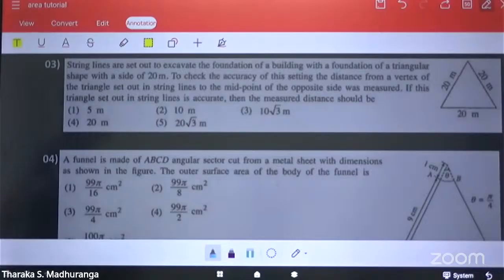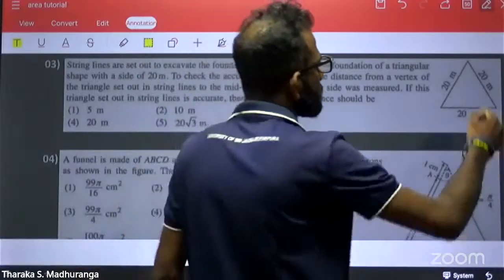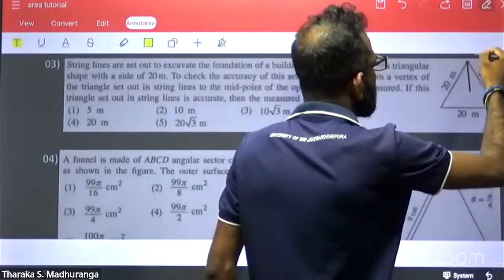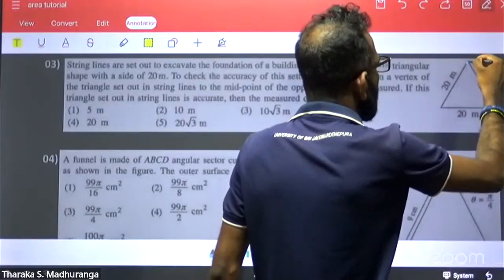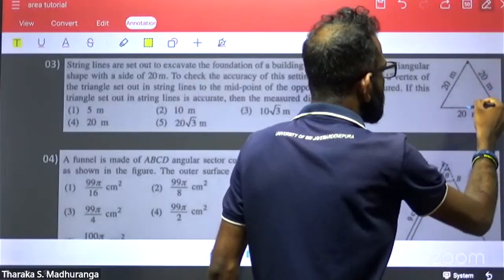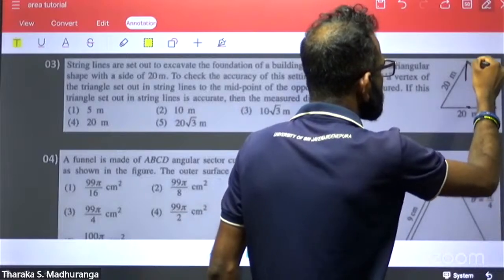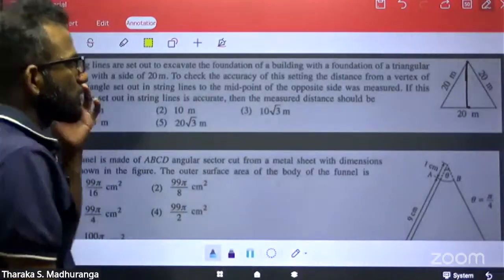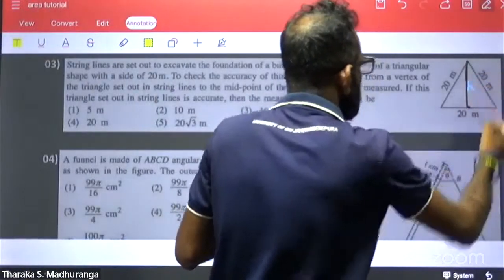To check the accuracy of this setting, the distance from the vertex of the triangle set out in string line to the midpoint of the opposite side was measured. That means like this. This is a vertex. We need to draw a line to the midpoint of this side. This is a midpoint like this. Think it is H or L.